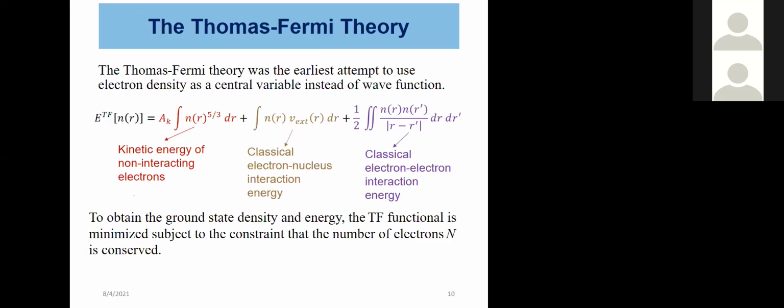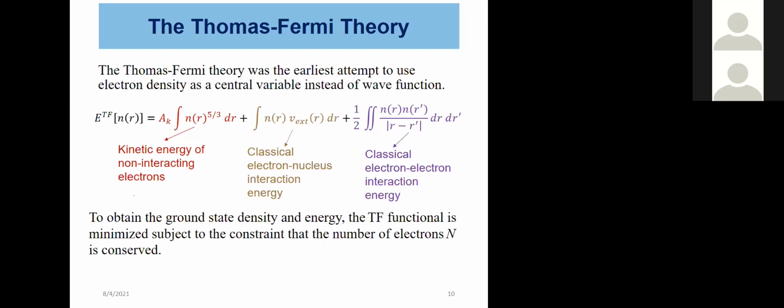So these Hartree and Hartree-Fock methods were based on the wave function approach. The first attempt to use the electron density as a variable in solving the Schrodinger equation was given by Thomas and Fermi around 1928. They considered the kinetic energy of the electrons as non-interacting; they assume that the electrons are not interacting with each other.